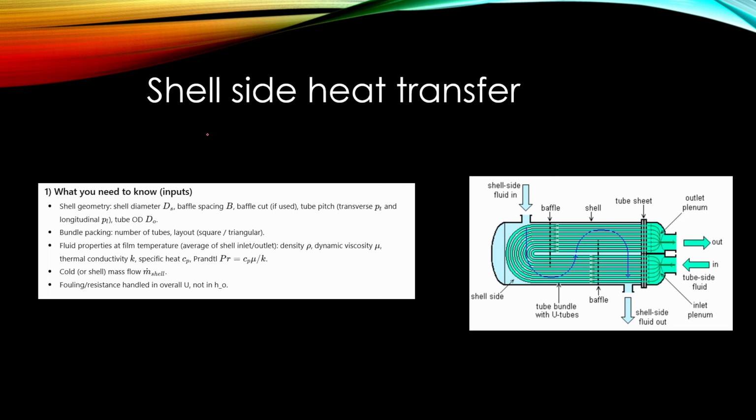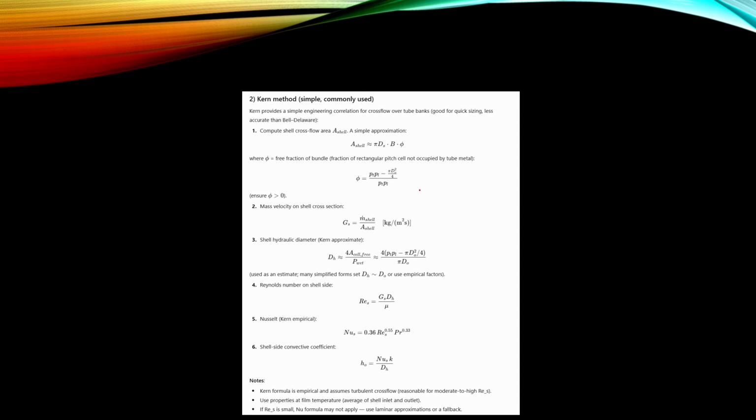You need to know your baffle spacing, your tube pitches, your bundle packing, and so on. I added here a couple of methods for how you can calculate this heat transfer coefficient. The first one is based on the idea that we calculate an open area for flow, and then the Reynolds number, and using that we calculate the Nusselt number from which we get the heat transfer coefficient.